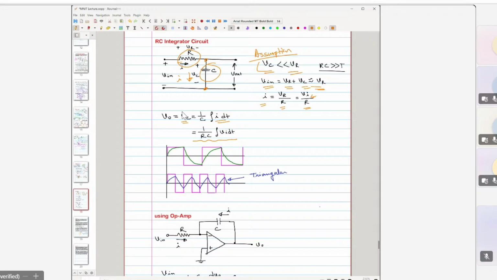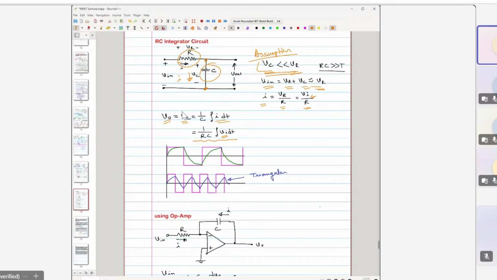Now please try to understand why we need these assumptions. We can write that this V output is proportional to the integral of V in only because of these assumptions.